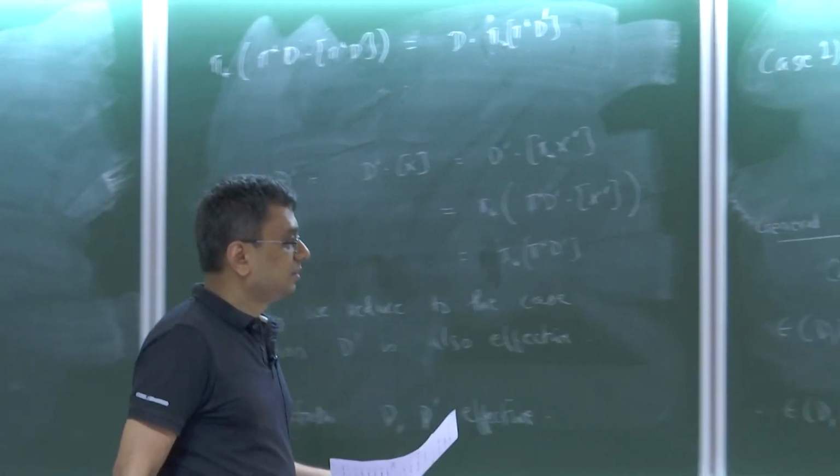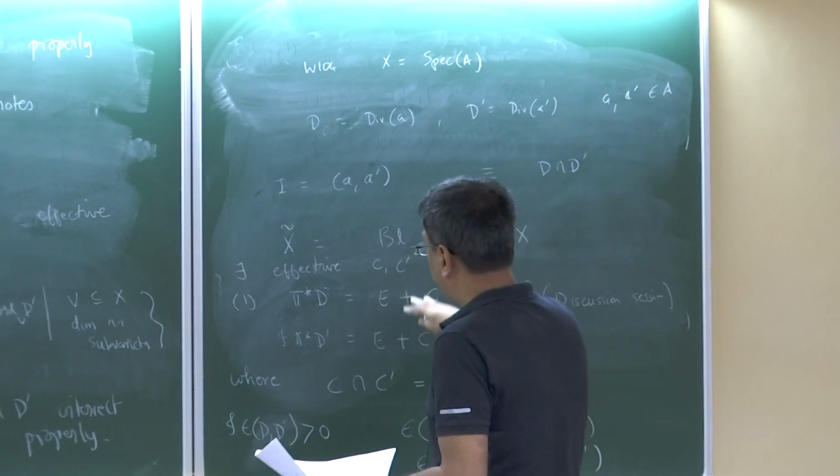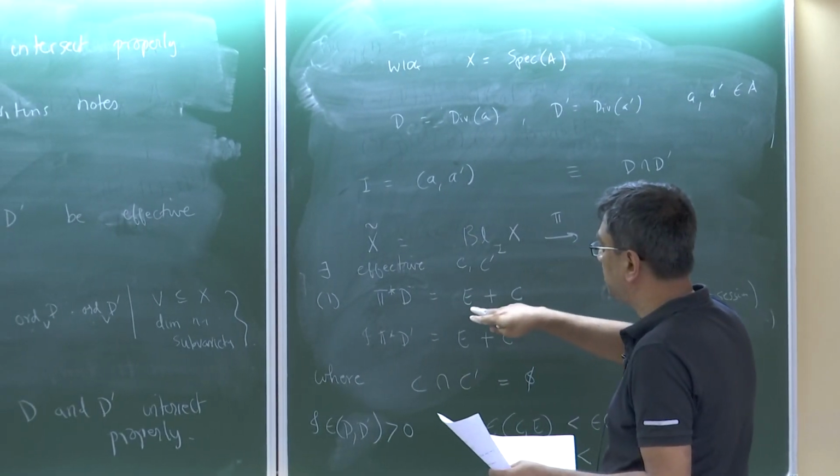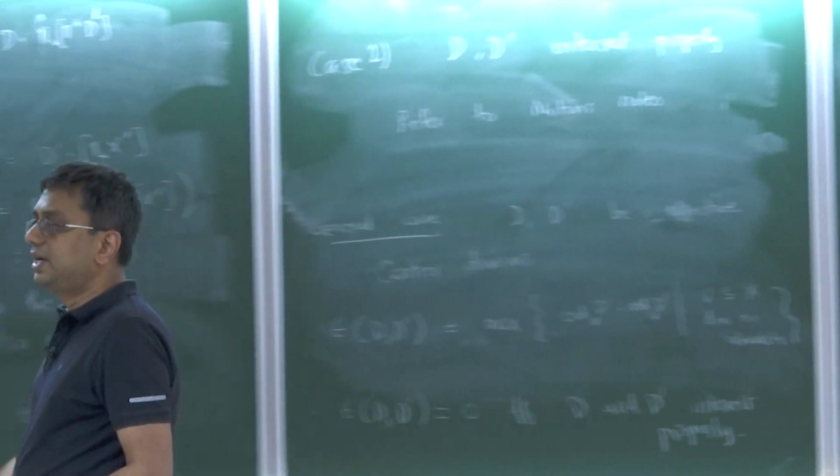So then every pair of divisors that appears in E, C and E, C dash, for them the theorem is known by induction, right?